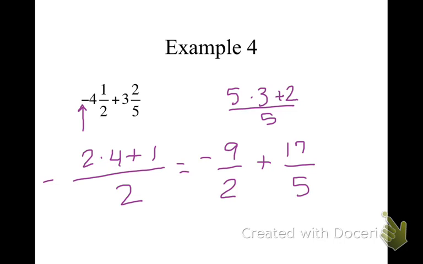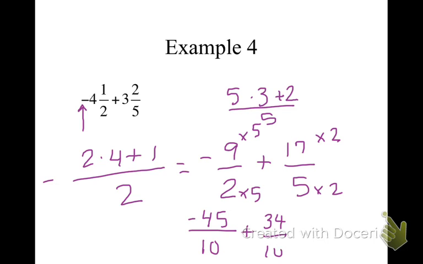Now we need to rewrite or rename both of these fractions so they have a common denominator, and the LCD, or least common denominator, between 2 and 5 would be 10. So this first fraction gets multiplied by 5 over 5. Second fraction gets multiplied by 2 over 2. So 9 times 5, well, it's really a negative 9 times 5, so negative 45 over 10 plus 34 over 10. That's a negative 45 plus 34 over 10.